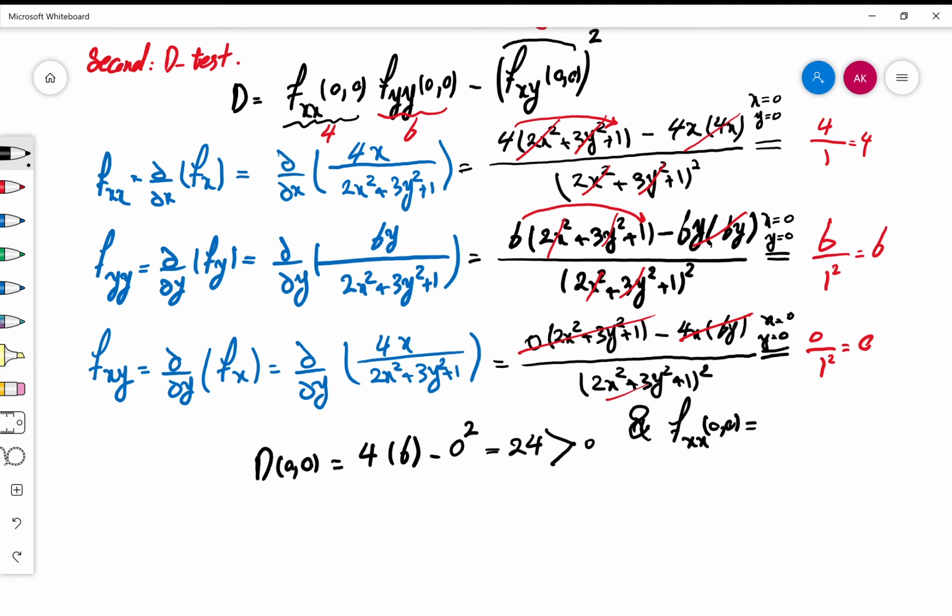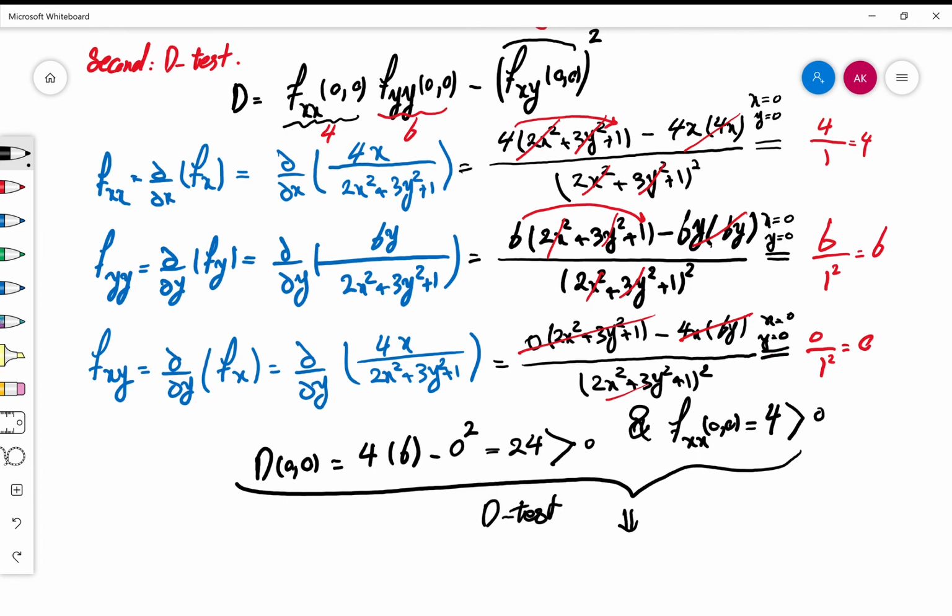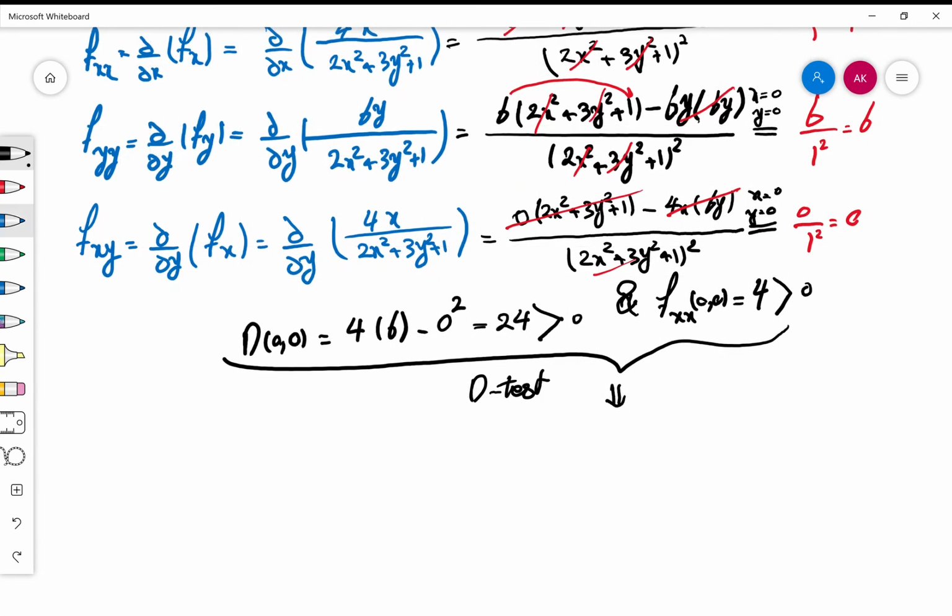Fxx at (0, 0) is 4, which is also positive. So the D test implies that (0, 0) is a relative min point, not the value for f.